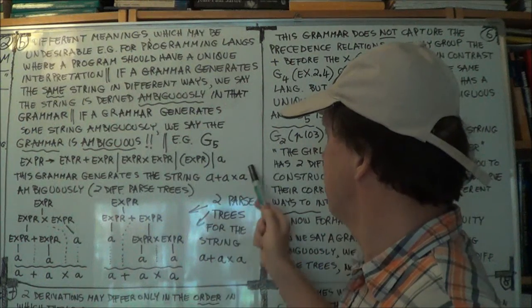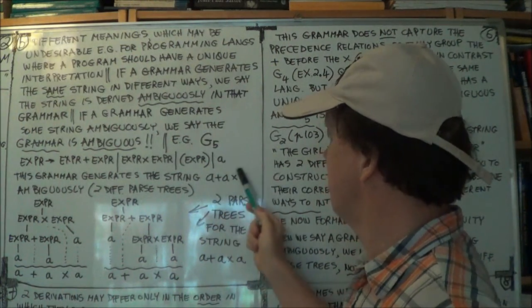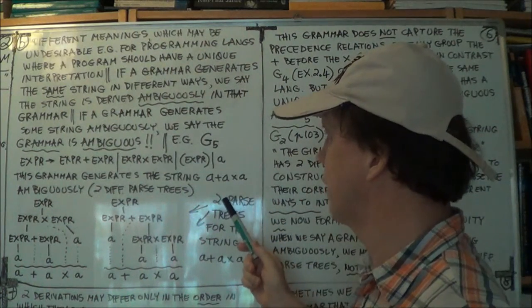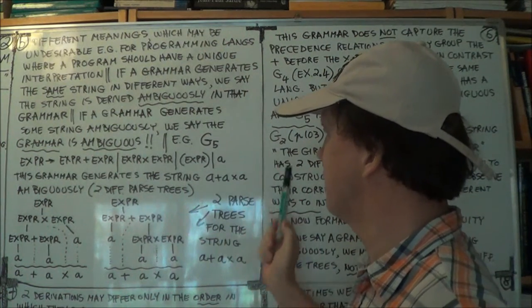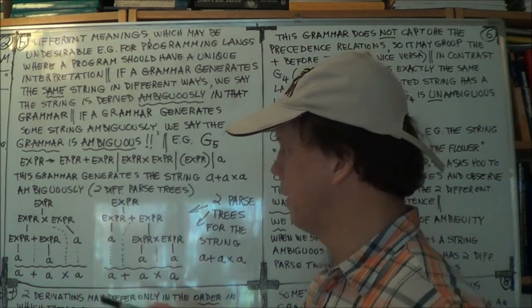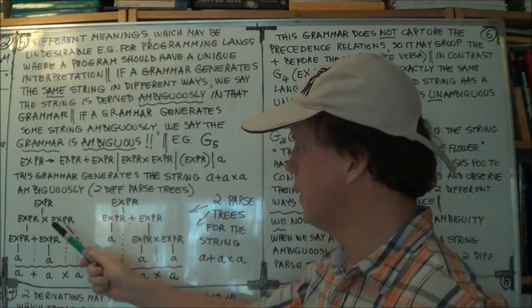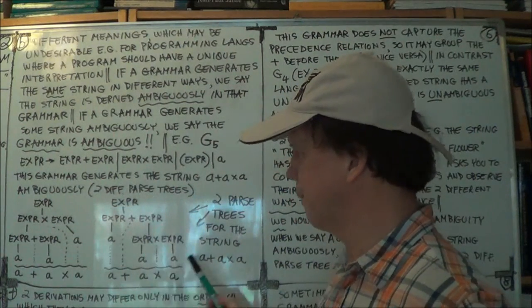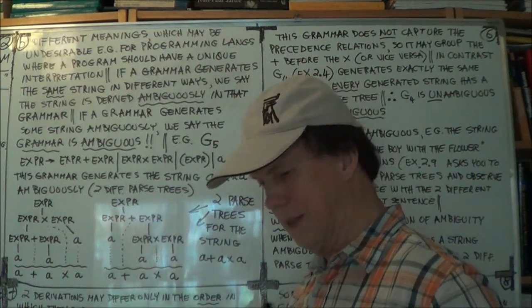Okay, here's the string that we're going to show is ambiguous. It has two different parse trees. Okay, so we can parse this ambiguously. Now here's one way. Oh, by the way, I keep coming across this.